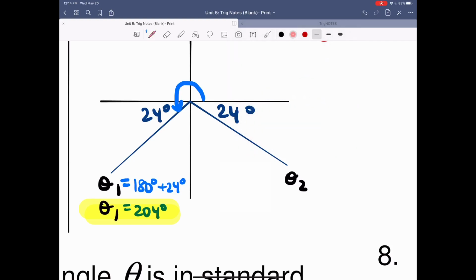For my theta 2, well, this full circle is 360, but I'm not quite going the full circle. I'm doing 360 degrees minus 24 degrees to find my theta 2. So theta 2 is equal to 360 minus 24, which is 336 degrees.